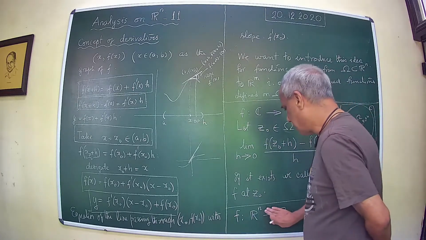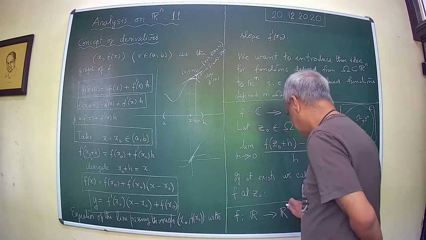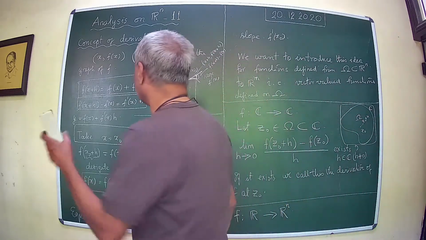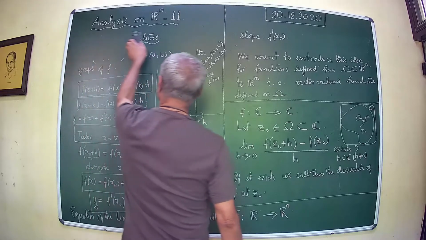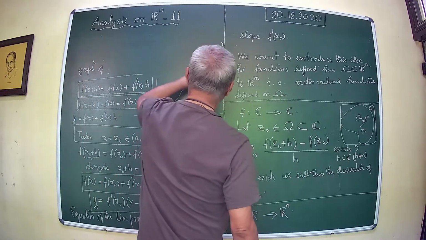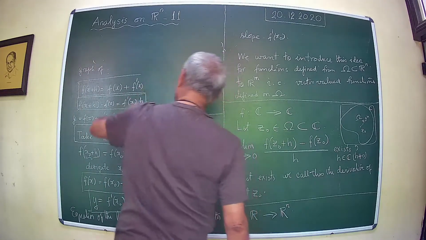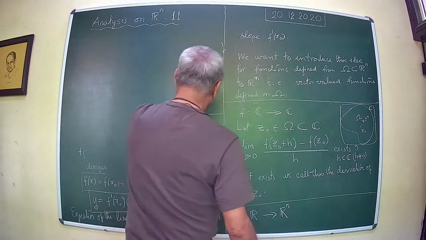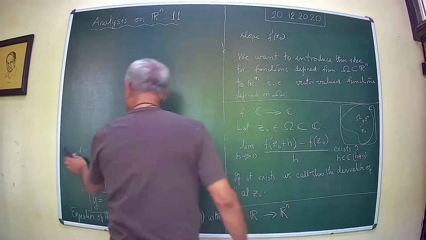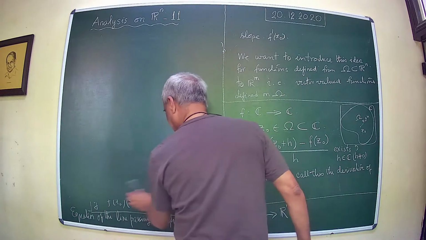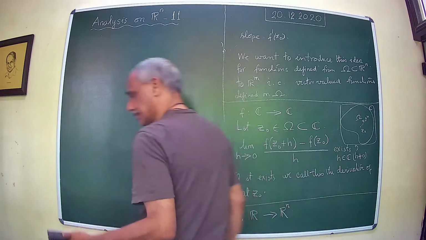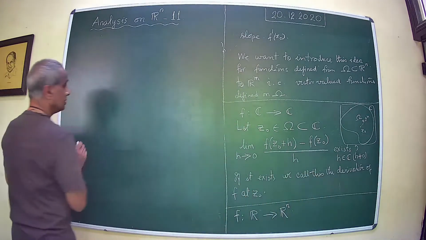if you work from R to Rn, that means vector valued function of a real variable. Okay. If you work with a vector valued function of a real variable, then can you push this across? So this is the whole point. Our conventional derivative doesn't make sense.